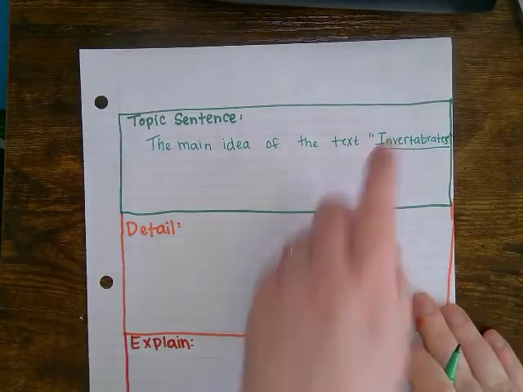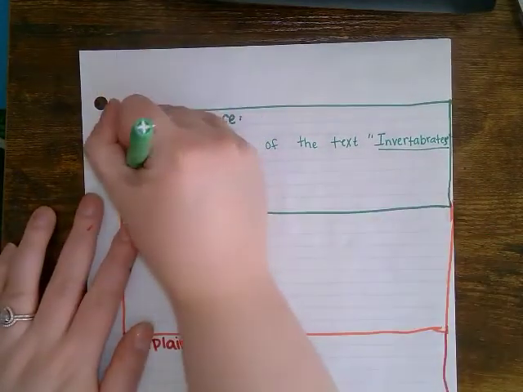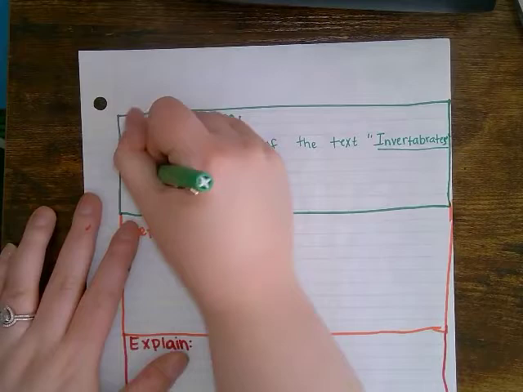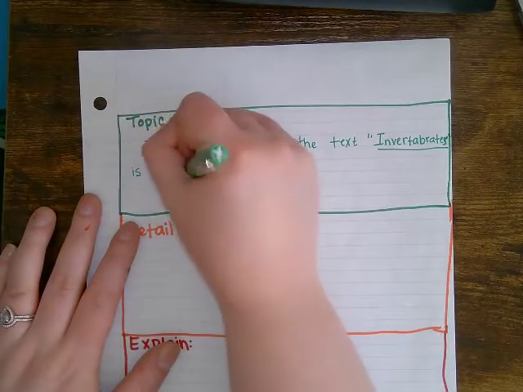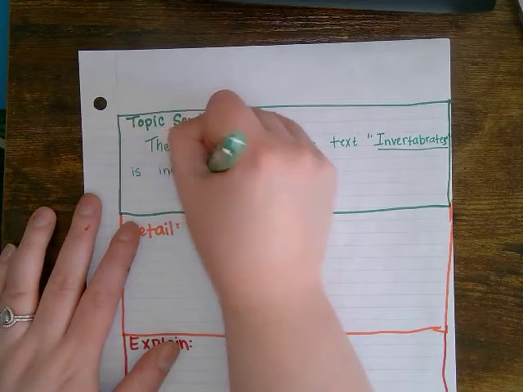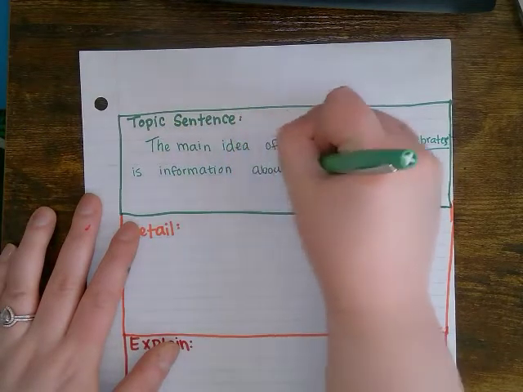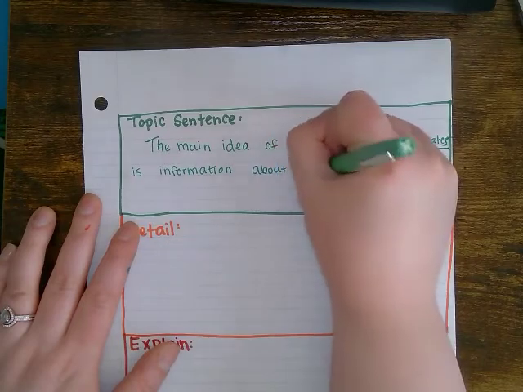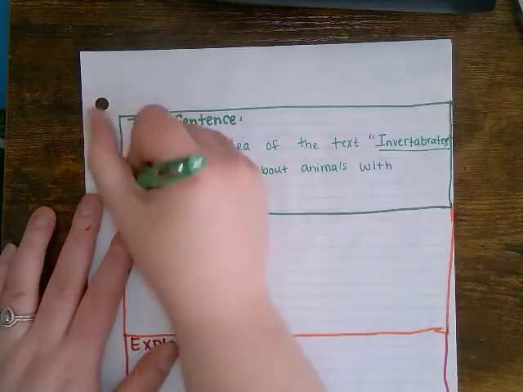You could also underline it so we know that we're talking here about the name of the text. So the main idea of the text Invertebrates is information about animals with no backbone.